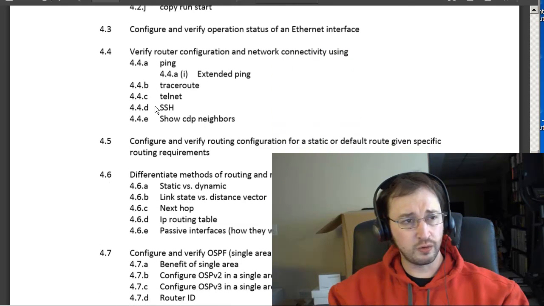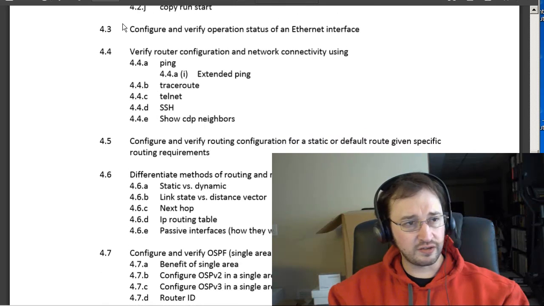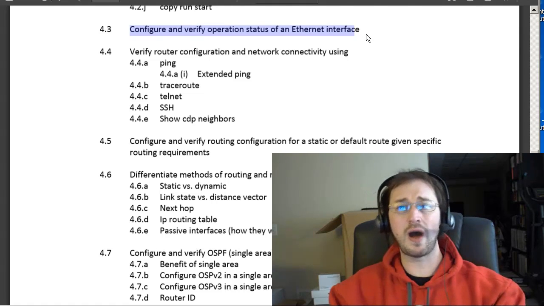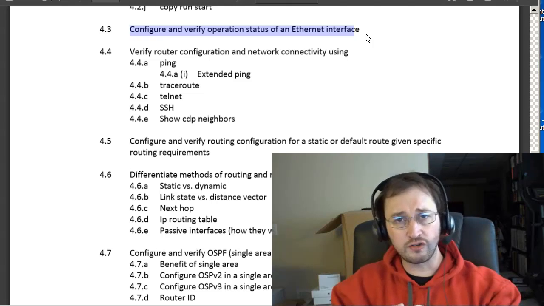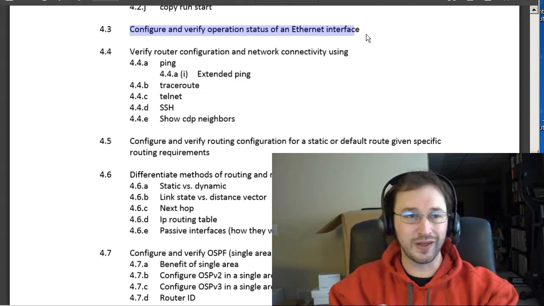Let's move on to 4.3, configure and verify operation status of an Ethernet interface. Okay, so again, configure and verify, which tells us we need to know how to actually do it and what the show commands are to verify that what we think we did is actually what we did.